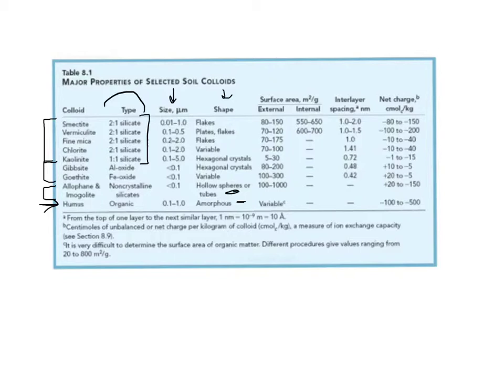The book makes a special point to tell you that colloids per mass of soil have a very high amount of surface area. So when we're looking here and we see something like 80 to 150 square meters per gram, okay, square meters per gram, that's a lot of space, right?